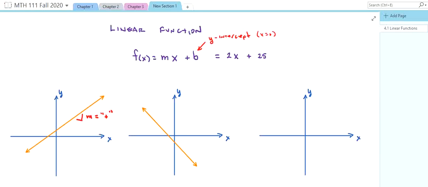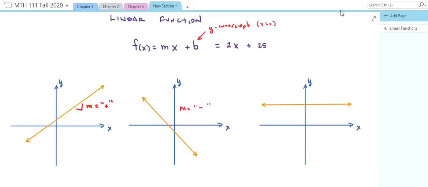Here, m is negative, or going downhill from left to right. And finally, we could have a constant. In the case of the constant, m equals 0. So this is increasing, decreasing, and constant.